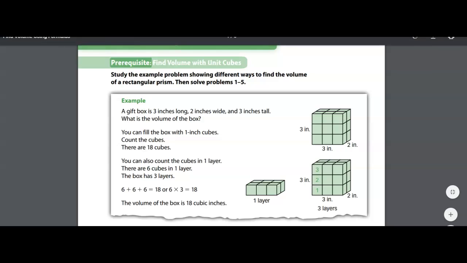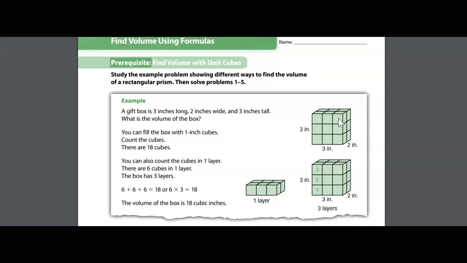So if we look at our cube to the right, if we look at the top, we can see that there are 1, 2, 3, 4, 5, 6 cubes in that top layer. And the box has 3 layers.